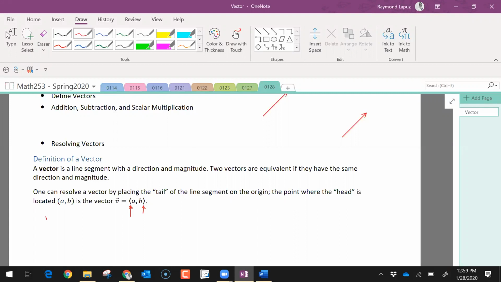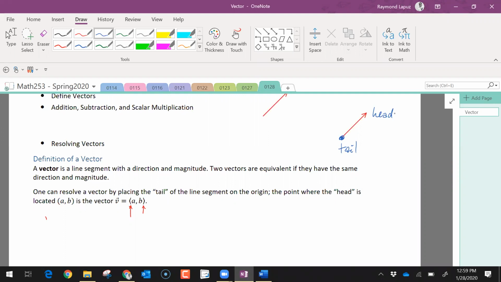So let's start off by looking at vectors in 2 dimensions. We can think about the vector as a line segment. And a line segment can usually be defined by 2 points, a starting and ending point.